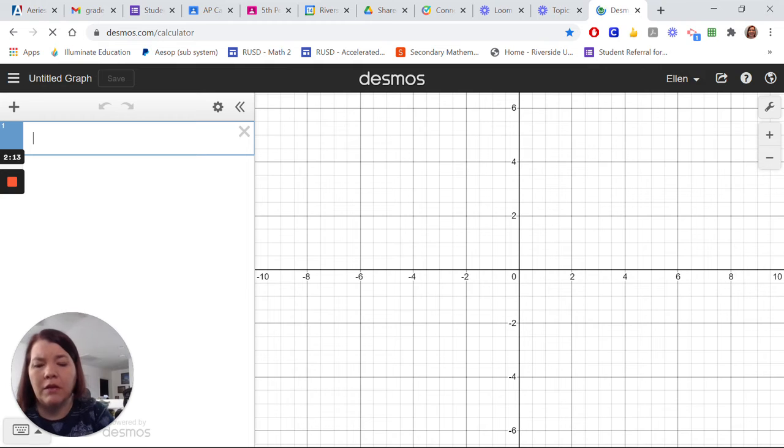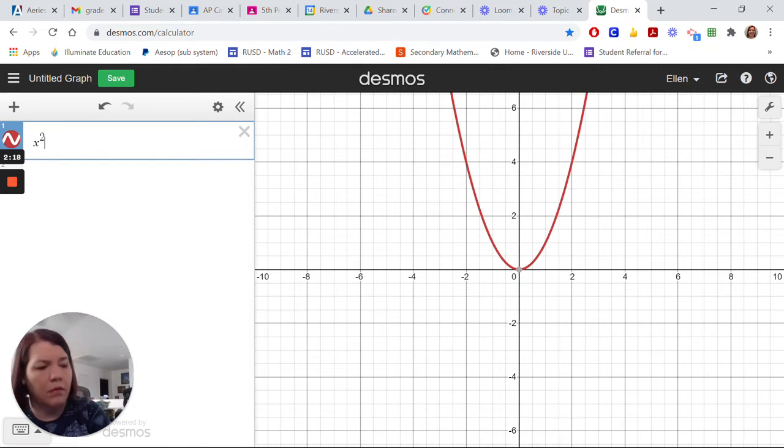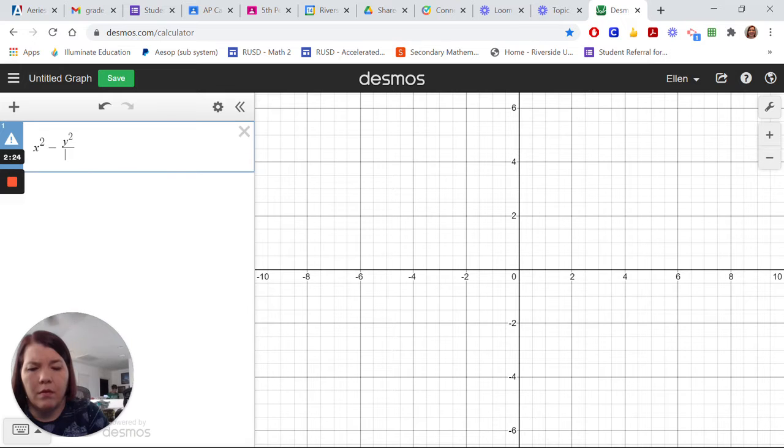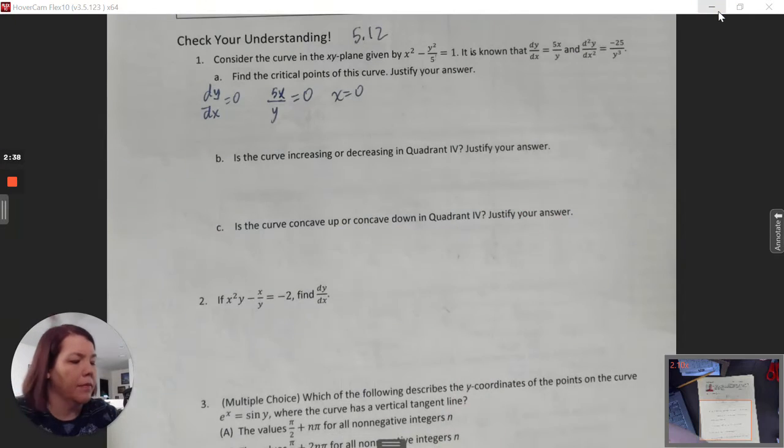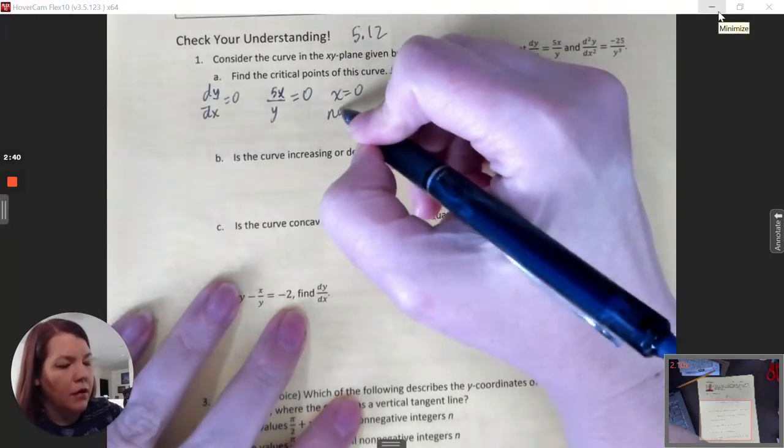I know it's a hyperbola, I just can't remember what's happening to it. Yep. Y is minusing its second, it's opening sideways. Okay, good. Which means x is never 0, not on the original curve.